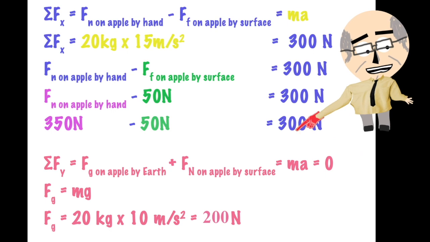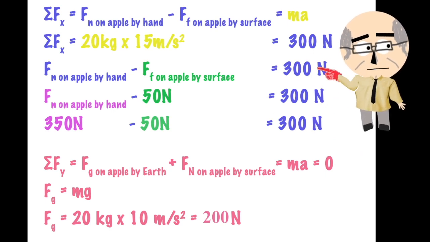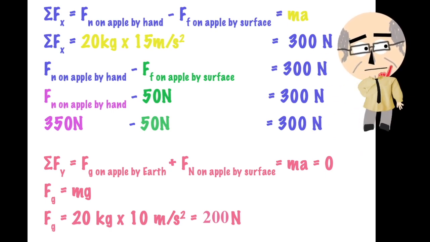So just from this information now, we know all the forces on the apple. And we know that 350 newtons is equal to the Fn on apple by hand because it's the last variable in the equation.